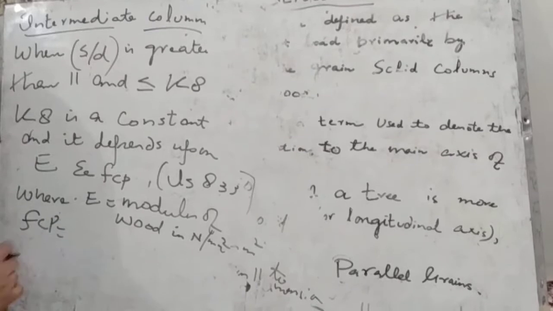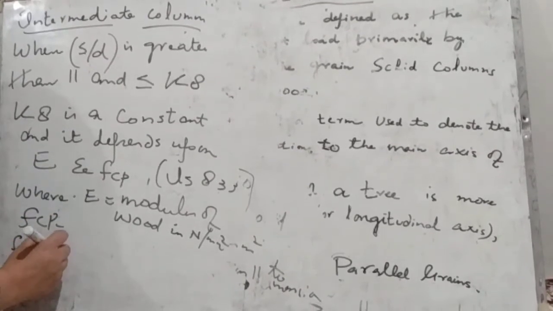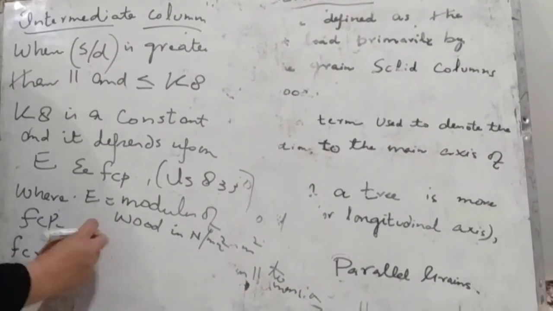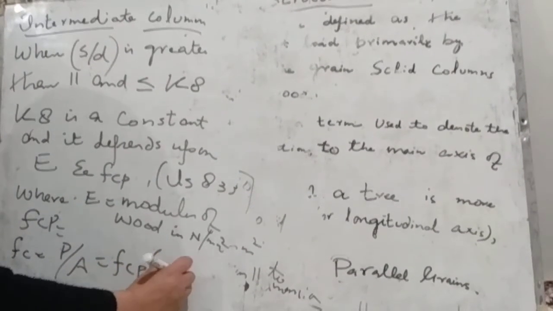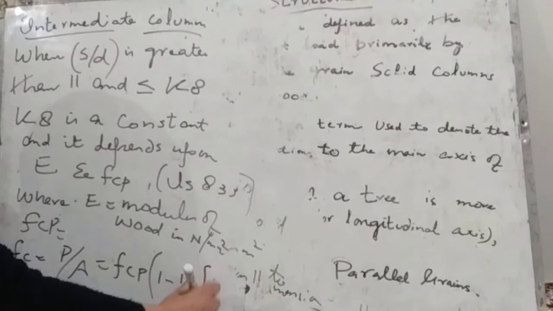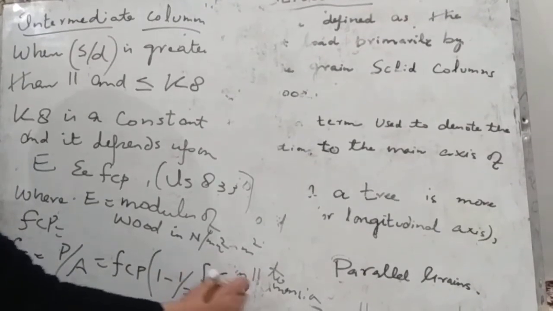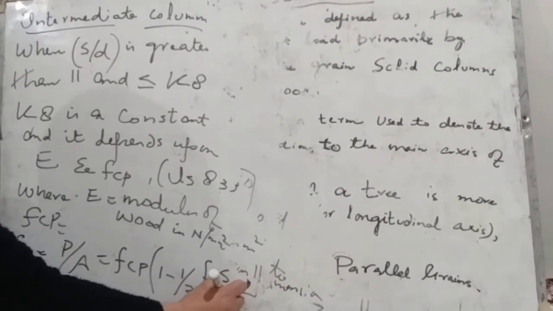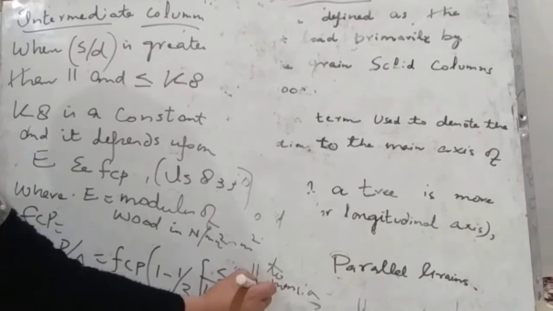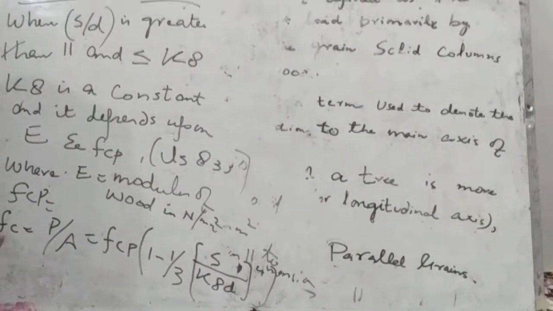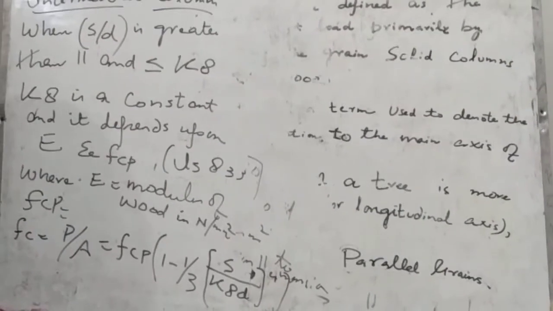Now FC, stress, is equal to P by A is equal to FCP into 1 minus 1 by 3 into S by K8 D raised power 4. This is the equation for permissible stress in compression parallel to the grain, and this is for your intermediate columns.